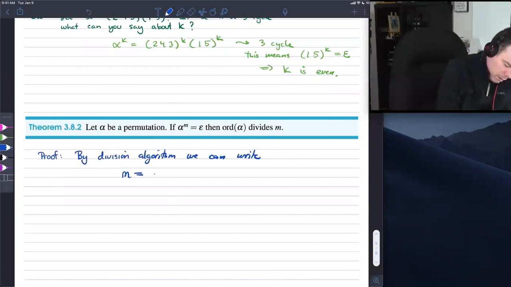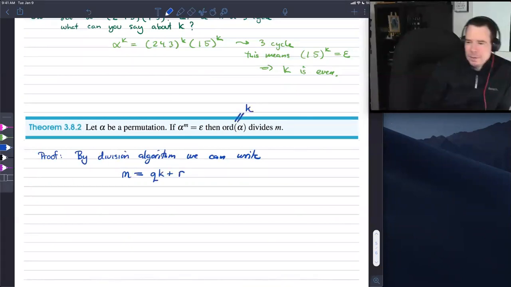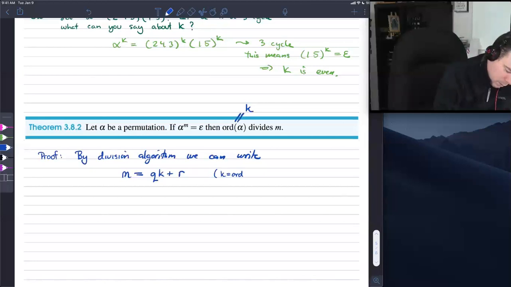So we can write it as qk plus r, where I'm going to let the order of alpha, just so I don't have to keep writing ord alpha, I'm just going to call that k. So where k is equal to ord alpha.